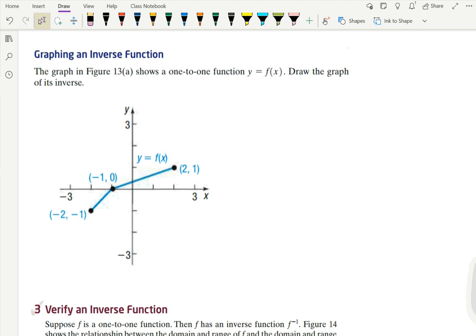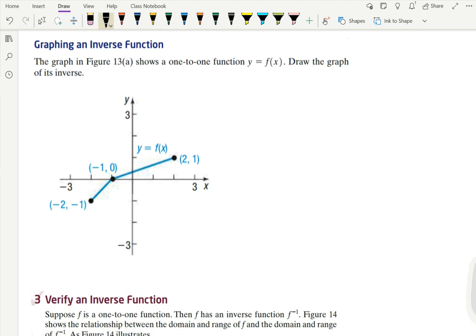What we're saying here is that the graph in this particular figure does show a one-to-one function, y equals f of x. We don't know what the function is, we just have the graph, and we're asked to draw the graph of its inverse. So if (negative 2, negative 1) is on f of x, that means if I reverse that, (negative 1, negative 2) must be on the inverse function.